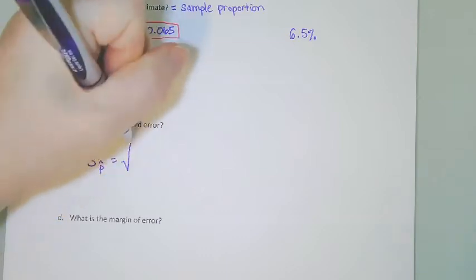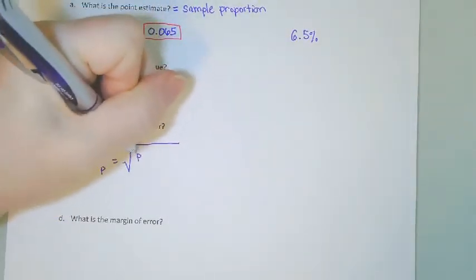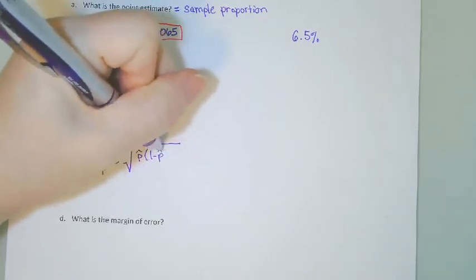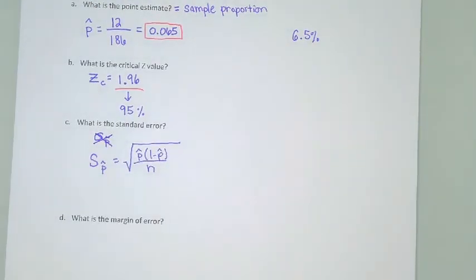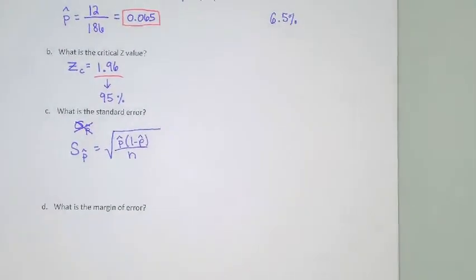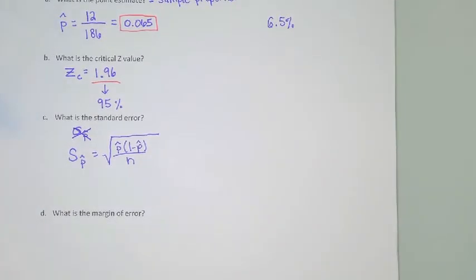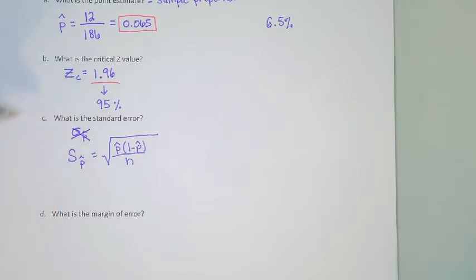We're going to take the square root of p hat times 1 minus p hat divided by n. And we know from earlier parts of the question already what our values are for p hat and for n.